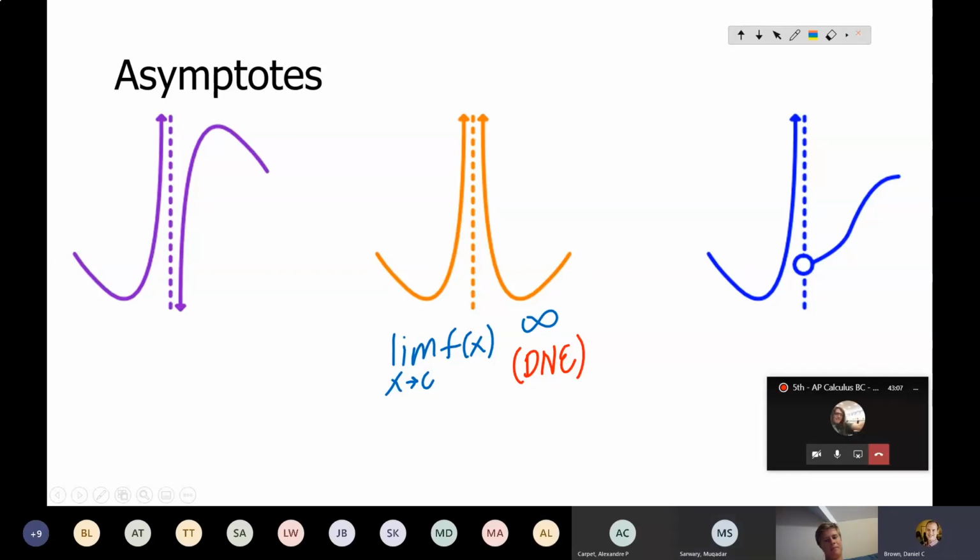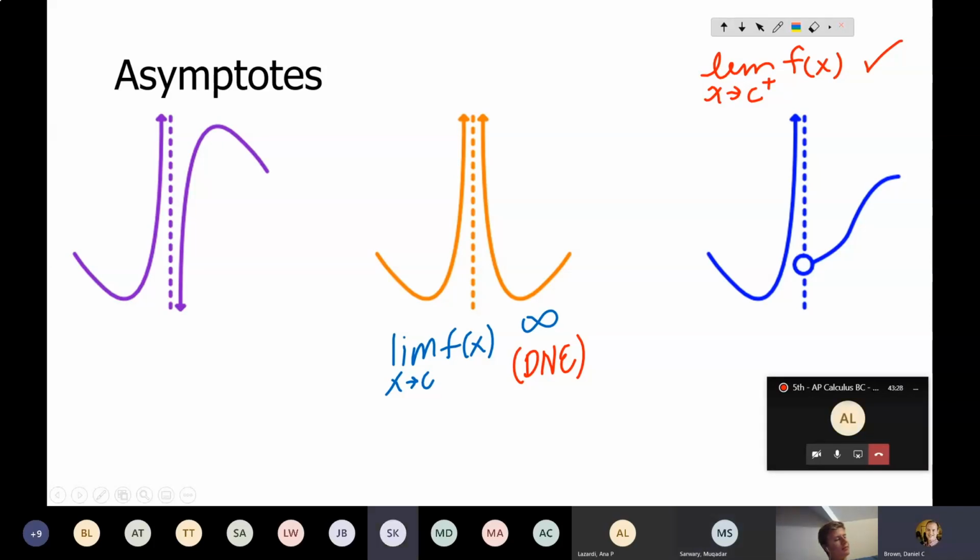Which limit is existing for that one? To the positive, so from the right, f of x would exist. Do any of those have a value that would exist just at the asymptote? No, I didn't put any closed circles on there.